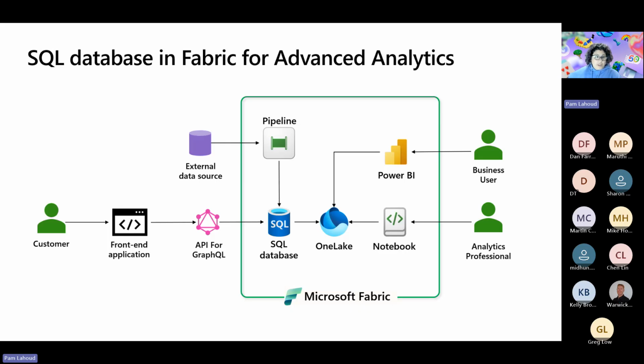So, using Power BI and notebooks against OneLake, but moving your transactional data directly in here. So this would be just a basic analytics application using SQL database in Fabric.